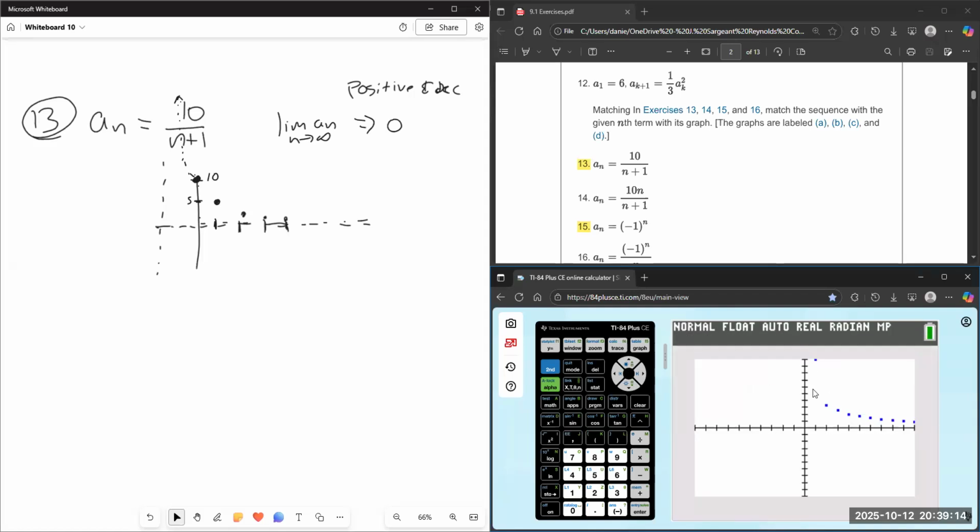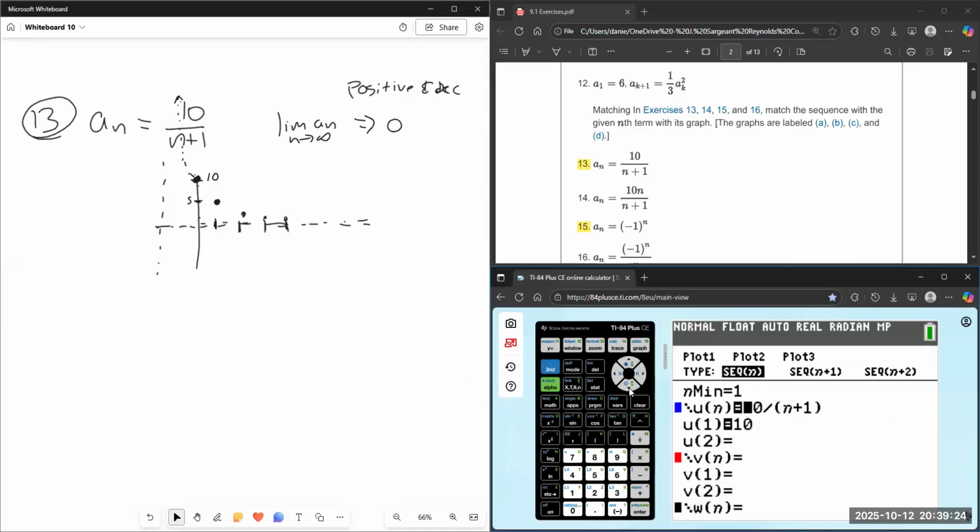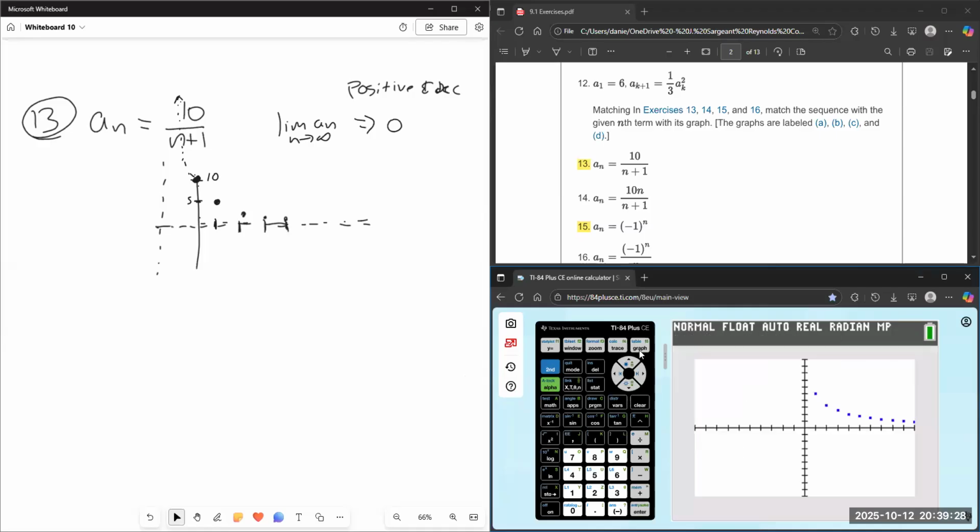See, there it is. That's what it looks like. First term here would actually be 5. There we go.